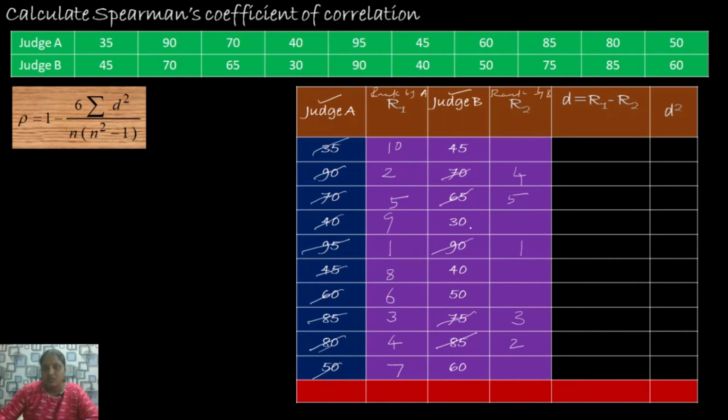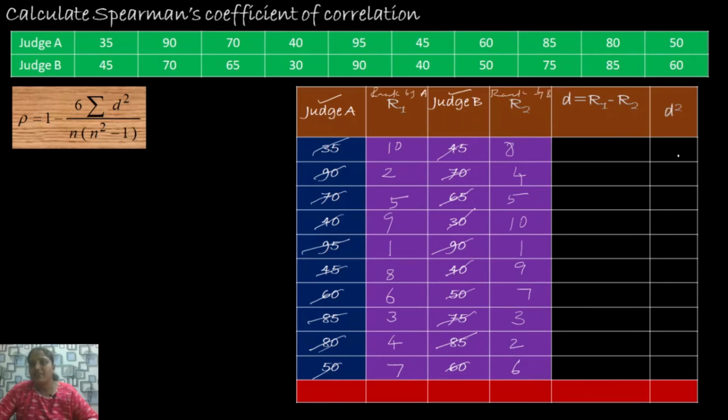And the sixth one is 60. Seventh rank is 50. Next highest 45, that is for 8th rank. Next 9th one is 40 and 10th one is 30. So we have assigned the ranks for marks given by the two judges A and B by giving rank 1 to the highest value.